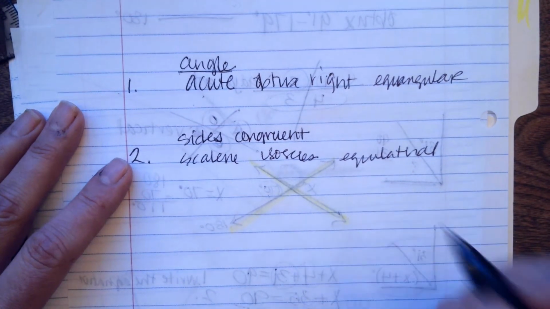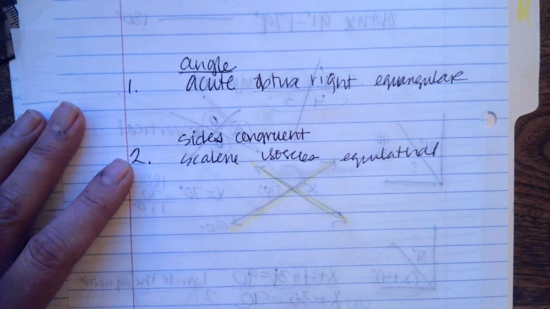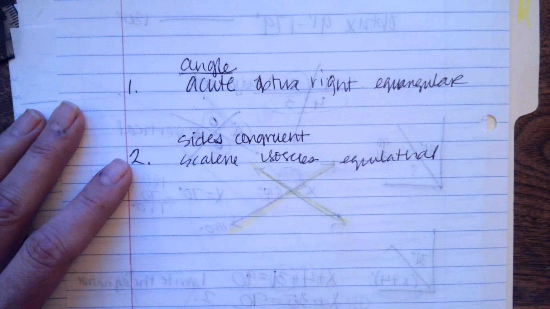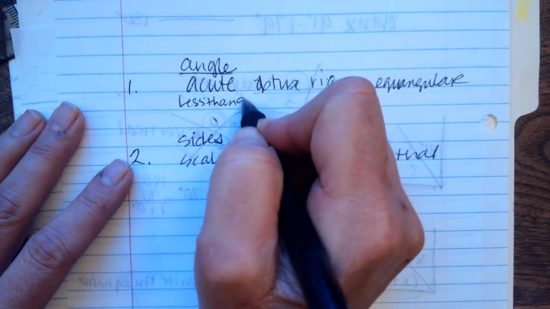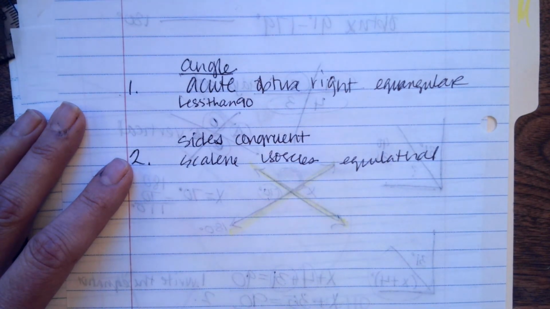So the acute is all acute angles. And we remember, what is an acute angle? Less than 90. Mm-hmm. And what is an obtuse? More than 90. Yep. And what is a right? 90.